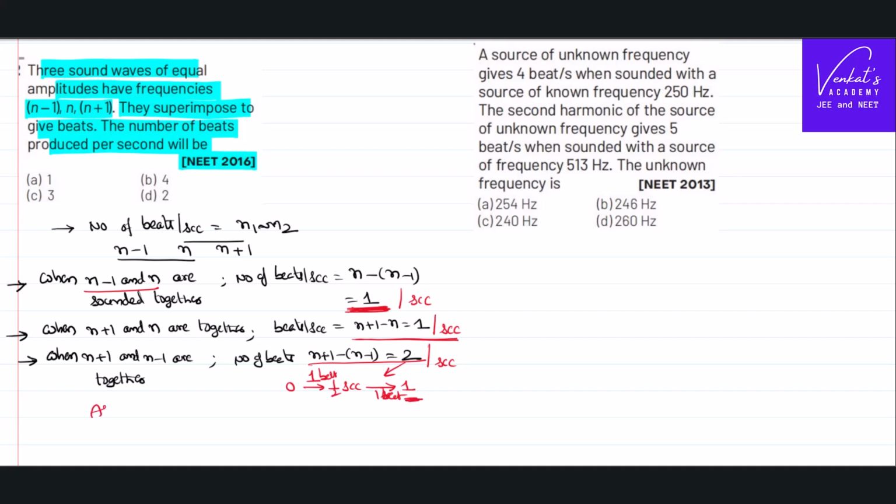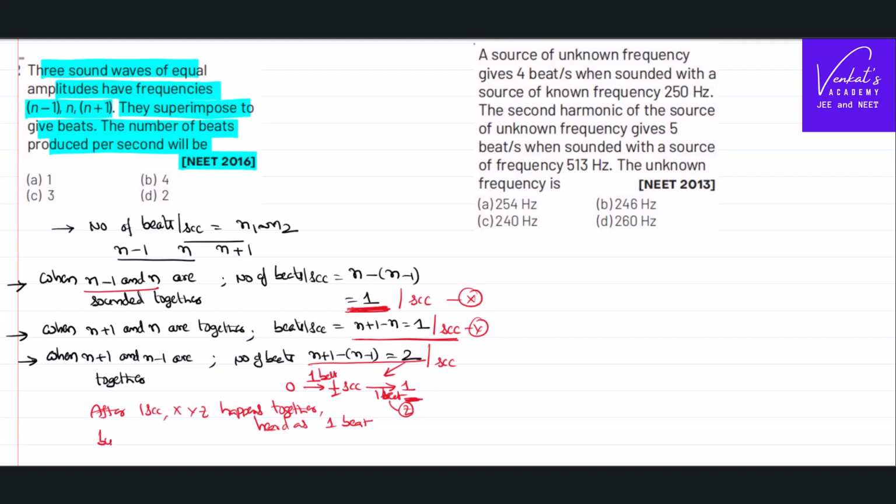So what we can say is, after 1 second this one x, this one y, and this one z, x, y, z happen together, heard together, and heard as one beat, because they are all heard at the same time with the same frequency and same amplitude.